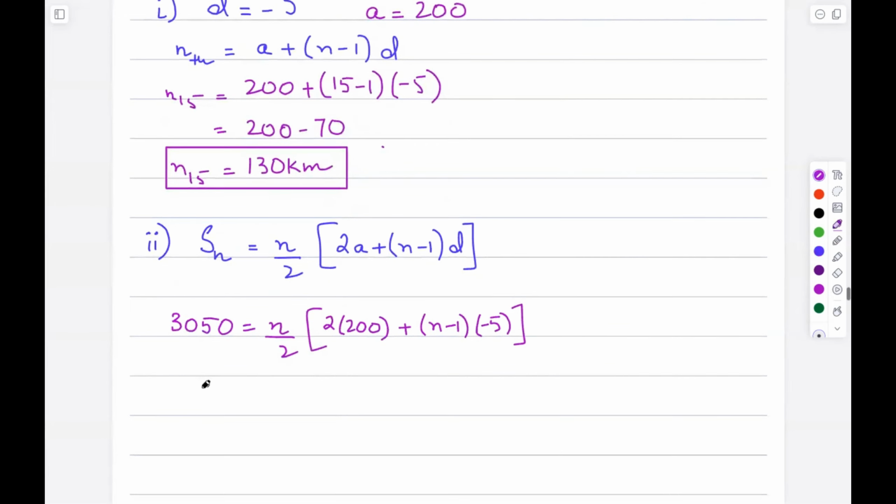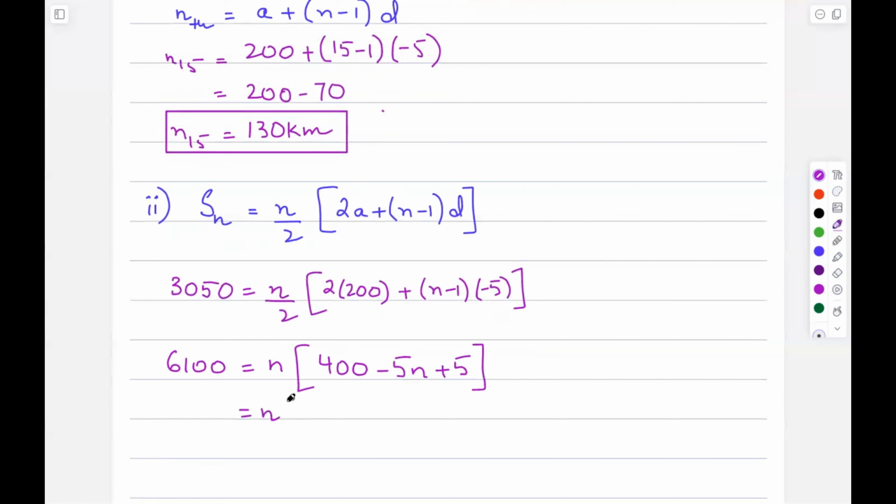Cross multiplying, 3,050 into 2 will become 6,100. Expanding the bracket, this will become 400 minus 5 into n is minus 5n, and minus 1 into minus 5 is plus 5. Simplifying the bracket, we'll get n into 405 minus 5n, and this is equal to 6,100.